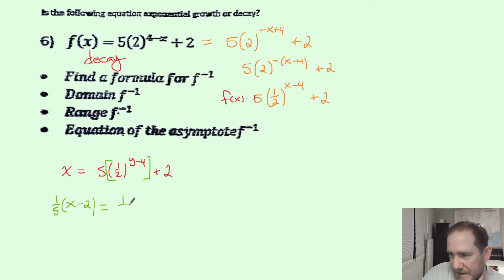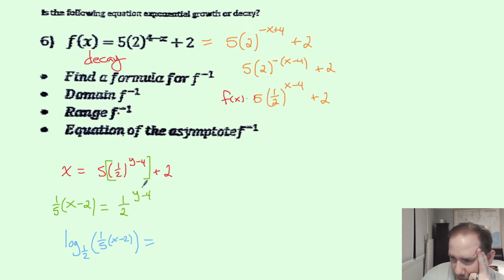So we've got our exponential isolated now, which means now is a great time to convert to logarithmic form. It's going to be a log with a base that's equal to the base, so 1/2. We're going to be taking the log of what we were equal to, so the 1/5, x minus 2.